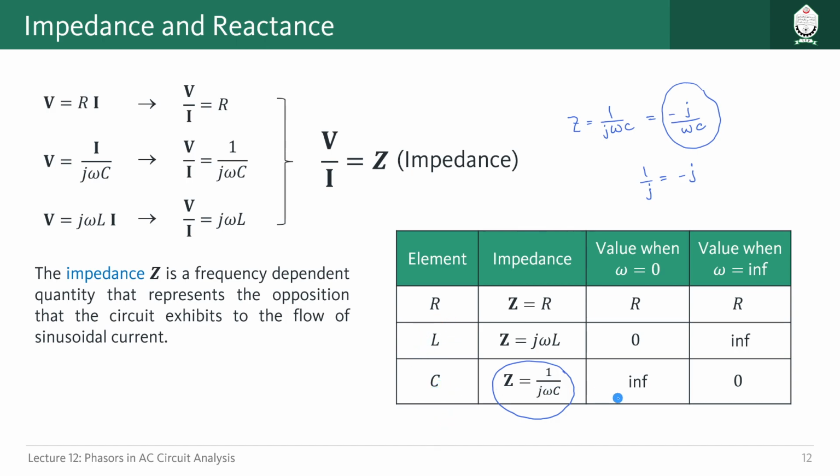For the capacitor, it will be the other way around. When omega is equal to 0, we will have infinite impedance, because the impedance and the frequency are inversely proportional. And when we have infinite frequency, we will have 0 impedance. So these things have to be remembered for our calculations.